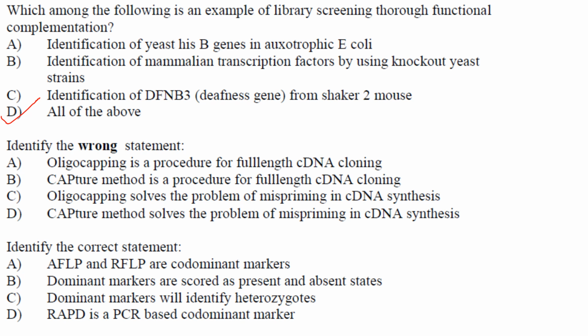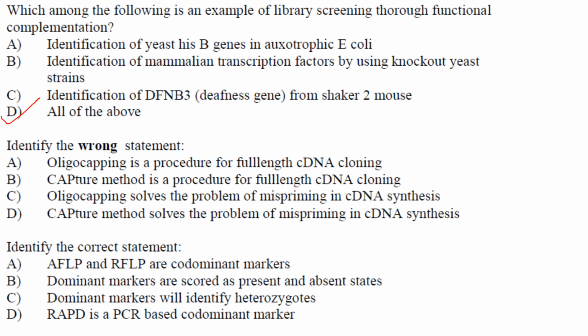Now what is mispriming in cDNA synthesis? cDNA synthesis is produced by reverse transcriptase, and RNA is used for the synthesis of cDNA. Now when the reverse transcriptase initiates cDNA synthesis at an incorrect location, it will result in incorrect cDNAs. That is called mispriming in cDNA synthesis.